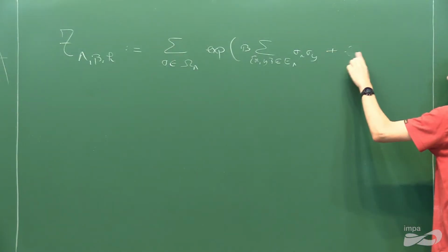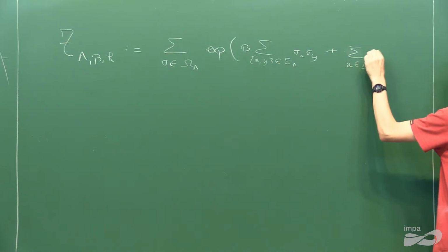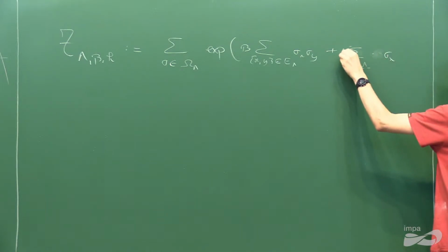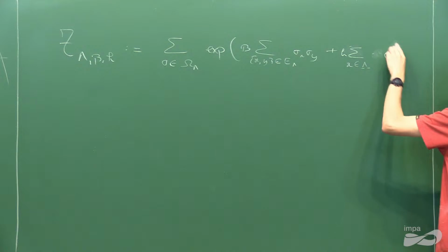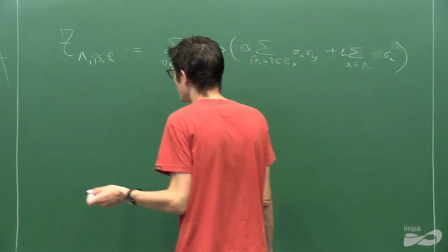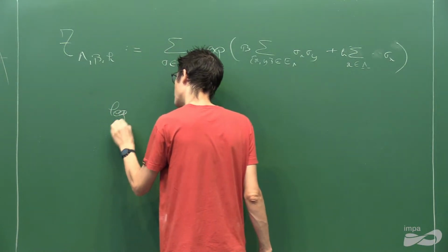Plus the sum over h in lambda of h. Okay, I can put it here. Then what I could try to do is take the log of this. So I have to be a bit careful here.